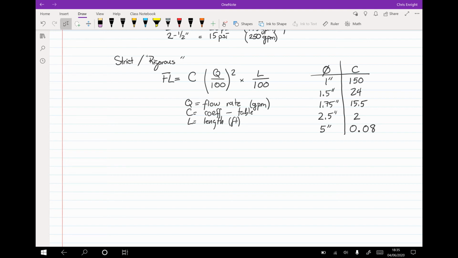So if you have the option and you have time and you have the water, go with a bigger diameter. It's going to be more efficient and more effective to deliver water to your fire.